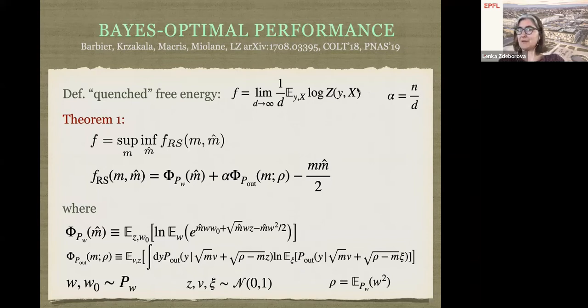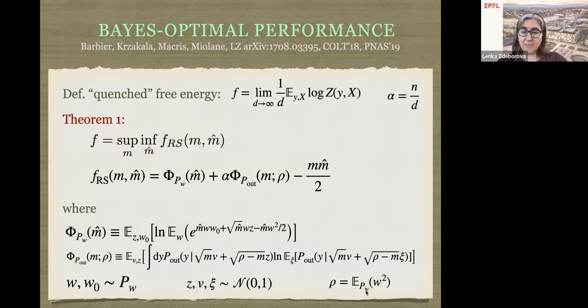At first, it's maybe not clear why that would be an interesting quantity, but in statistical physics, the free energy generates all other quantities of interest, which will be seen on the next slide. And the result is that this limit actually takes a very simple form, a closed formula that depends on these two functions, phi_w and phi_out, that are just integrals over a pair or a triple of Gaussian variables or variables distributed from this distribution.